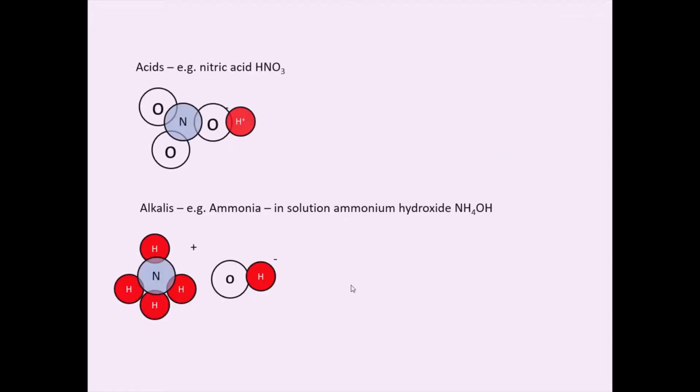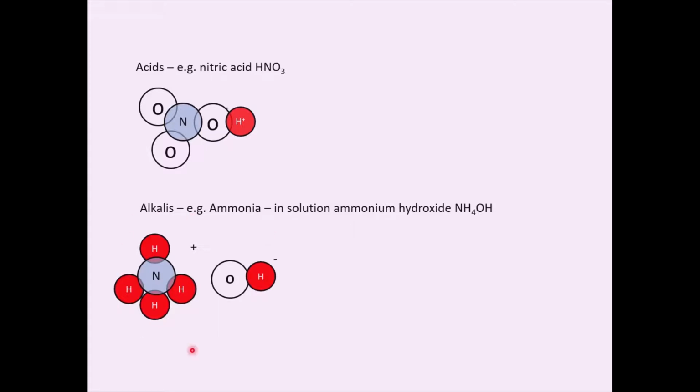Now, even, and this is, if you like, the worst case scenario with GCSE, even things like nitric acid, which has got its H plus attached to it, so nitric acid HNO3, so there's its H plus, and it can be neutralized by ammonia. Now, in solution, ammonia exists as what's called ammonium hydroxide.